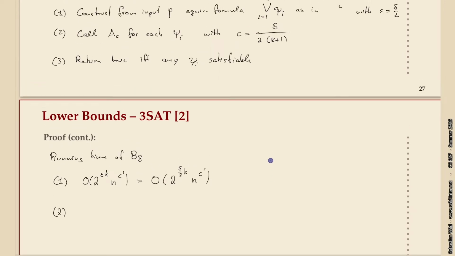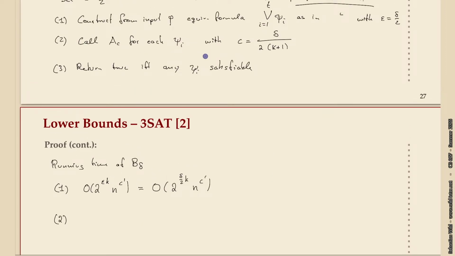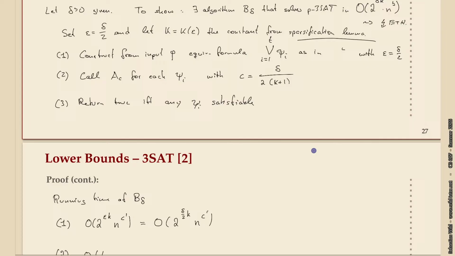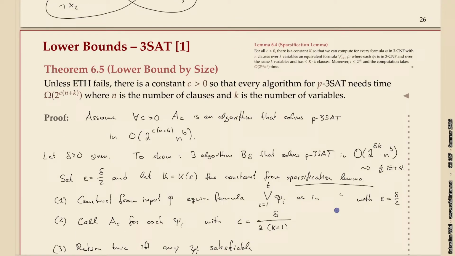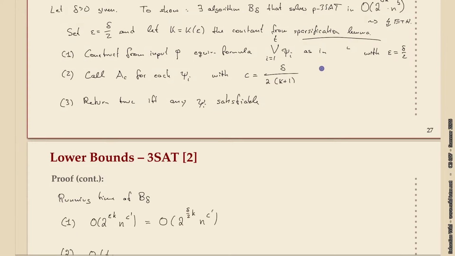Now for step 2, we have a lot of these calls, namely as many as we have formulas, so t times. I didn't copy it here, but the number of formulas is at most 2 to the epsilon k.